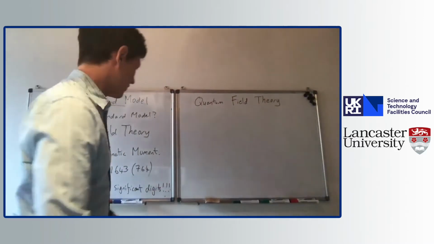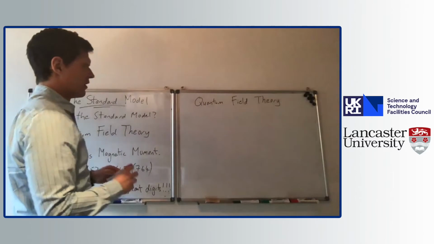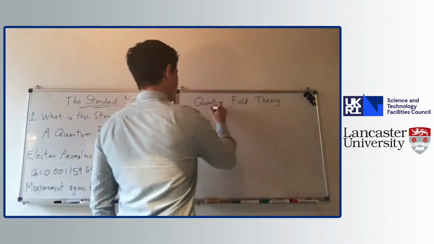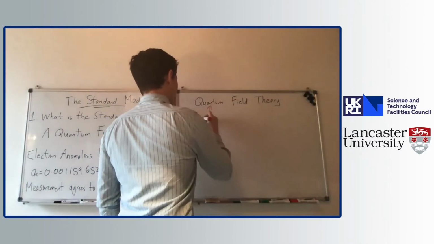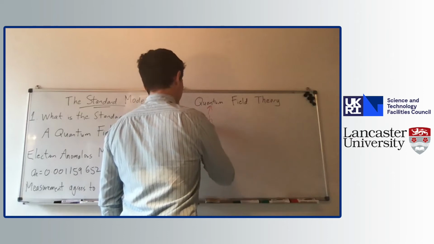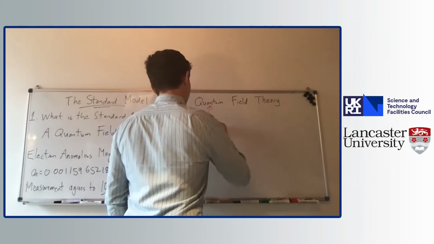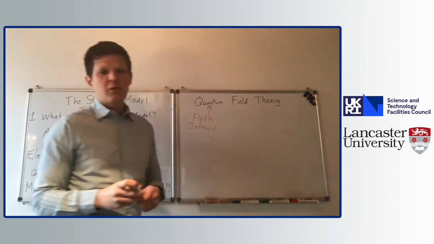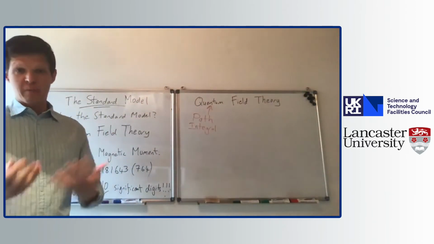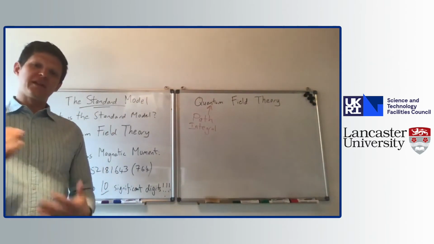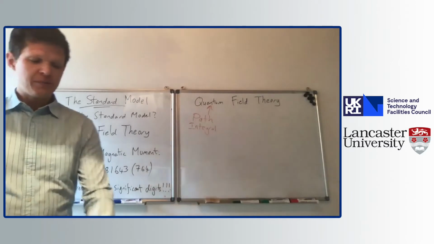So the first bit, quantum, for me, in a very basic sense, really means that there is a path integral. I view quantum field theories very much from the perspective of path integrals. One can, of course, work with things like creation and annihilation operators. It's entirely equivalent.